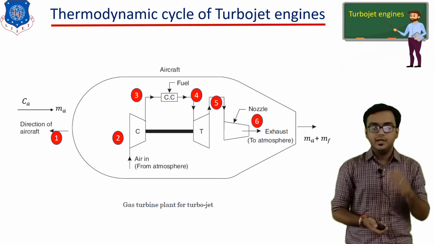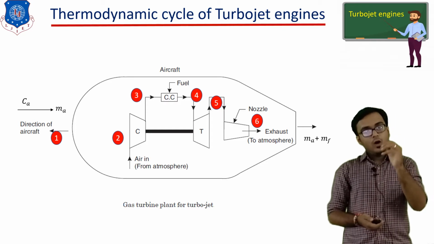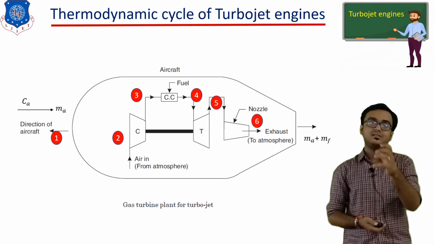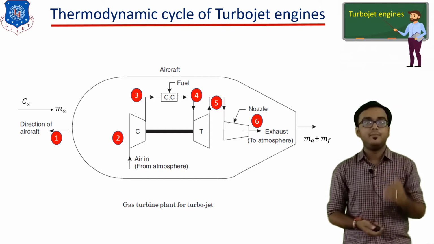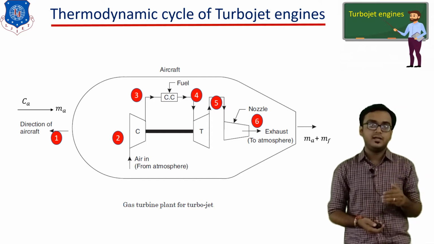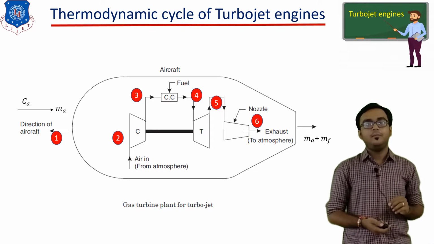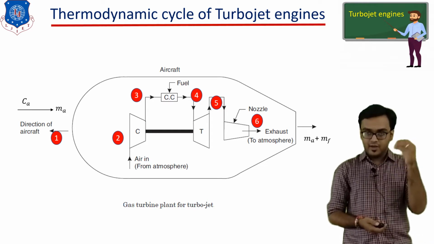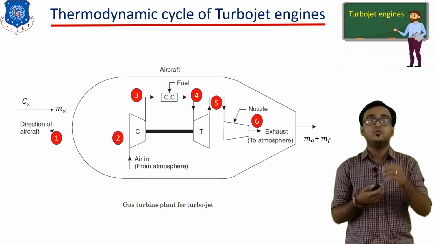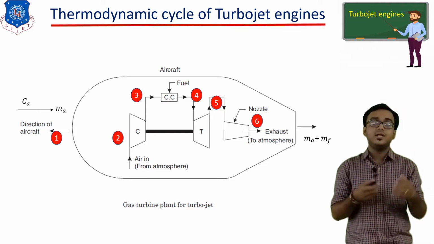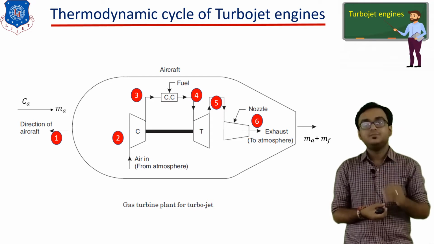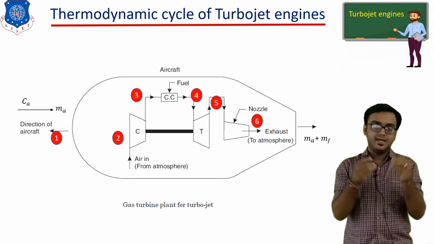While at the outlet, the total mass flow rate is Ma plus Mf. Why is it Ma plus Mf? Because inside the combustion chamber the inlet air Ma is mixed with the fuel. So it creates a mixture of the products of combustion as well as air.